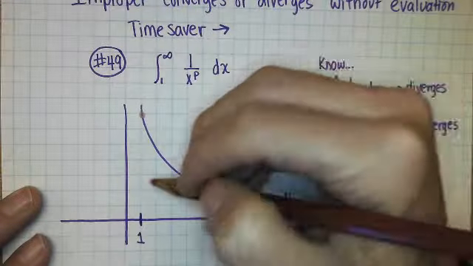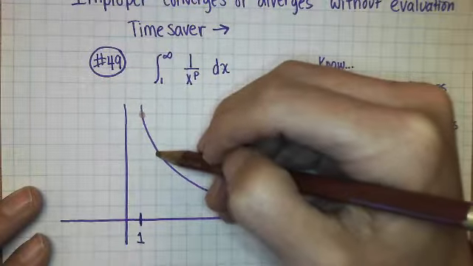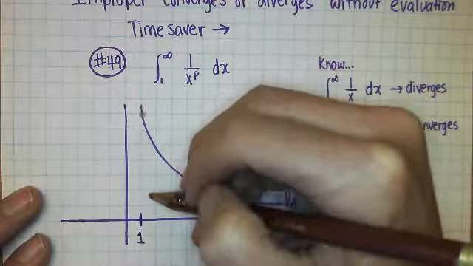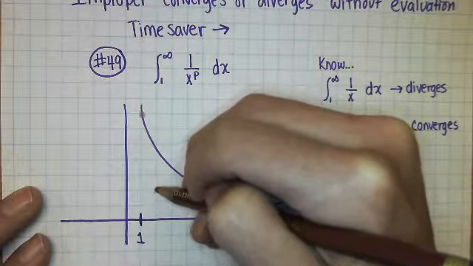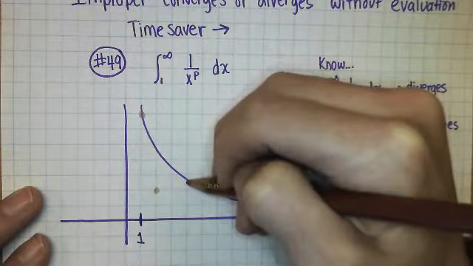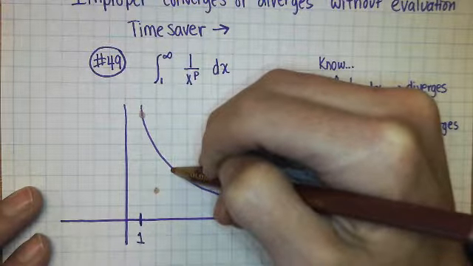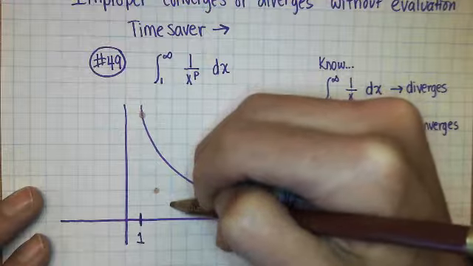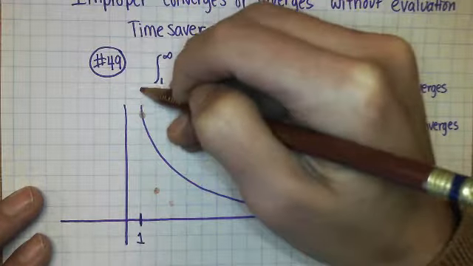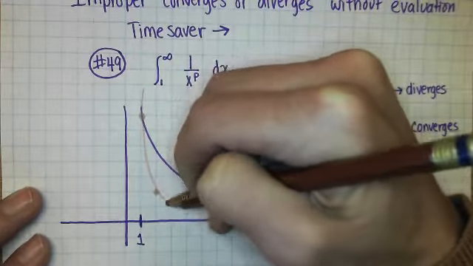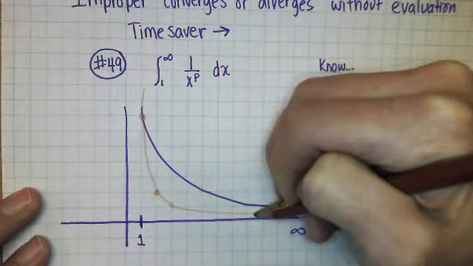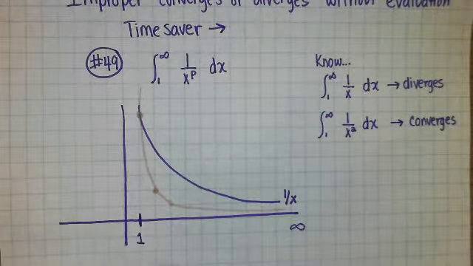But what happens is when I stick a 2 in, whereas this guy here would be at 1/2, this guy would be at 1/4, so it would be much smaller. And then if I stick a 3 in here, this guy would be at 1/3, this guy would be much smaller. So this is coming down closer, very quickly closer with the x-axis here.